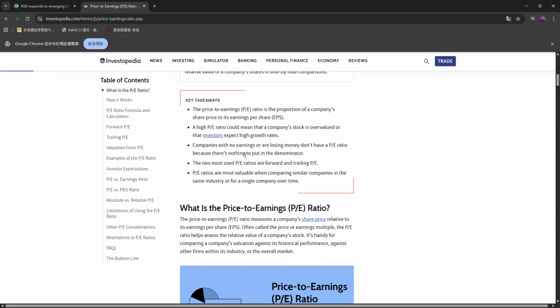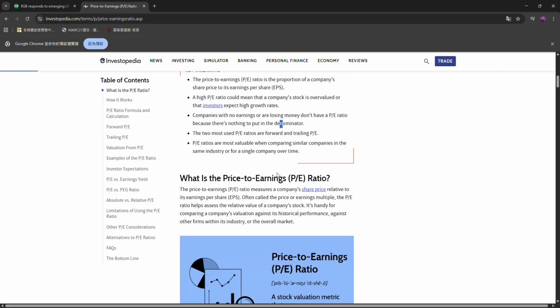Companies with no earnings or that are losing money don't have a PE ratio, because there's nothing to put in the denominator. The two most used PE ratios are forward and trailing PE. PE ratios are most valuable when comparing similar companies in the same industry, or for a single company over time.